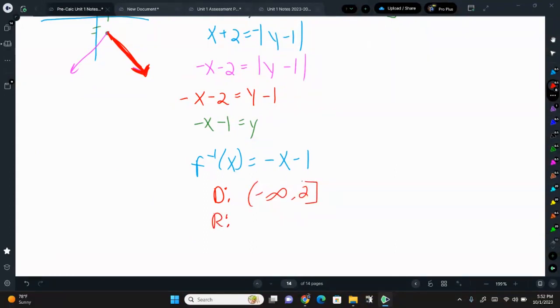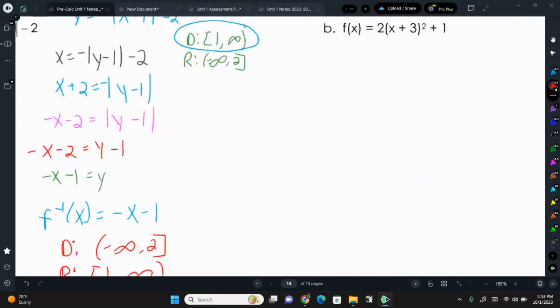And the range is going to be 1 comma infinity. So it is a little bit of a complicated process to get our restrictions settled.